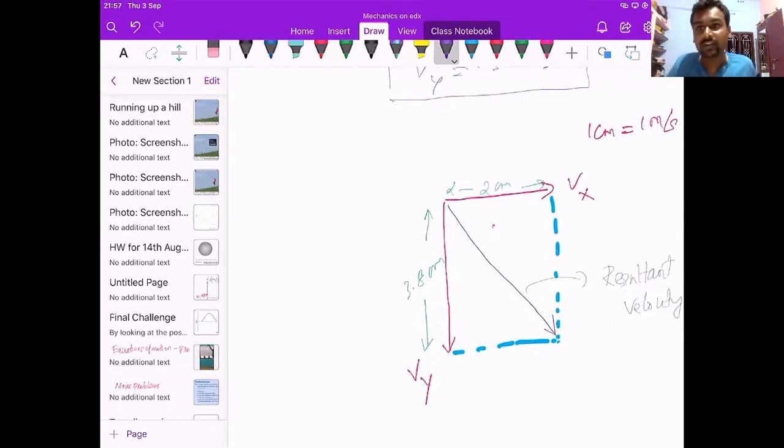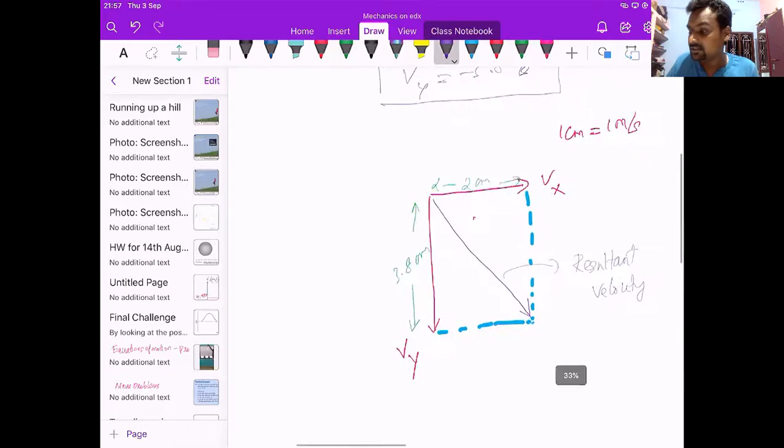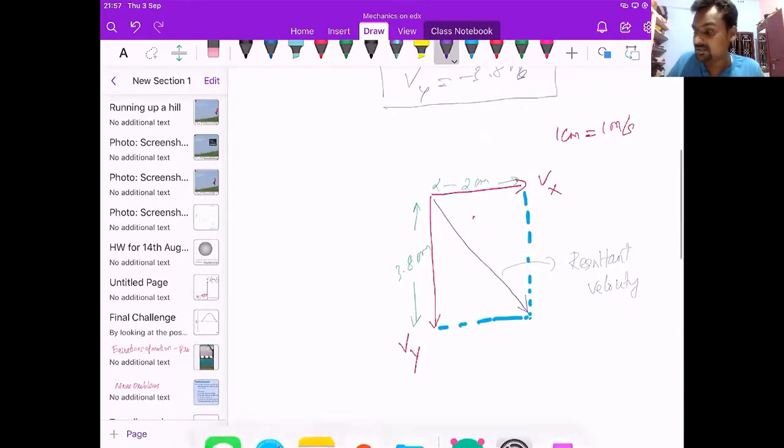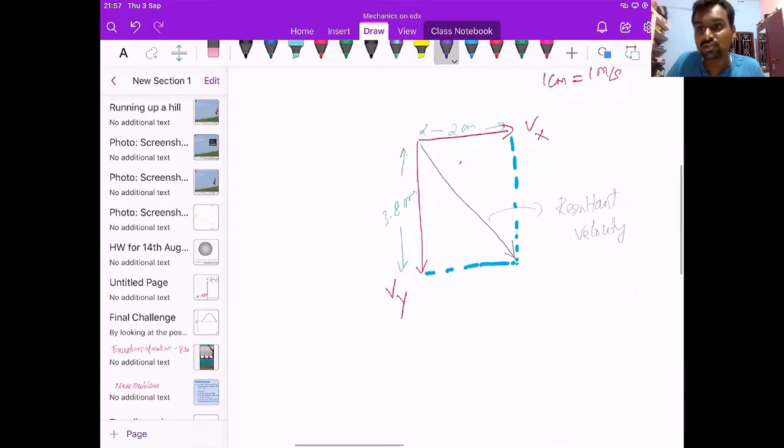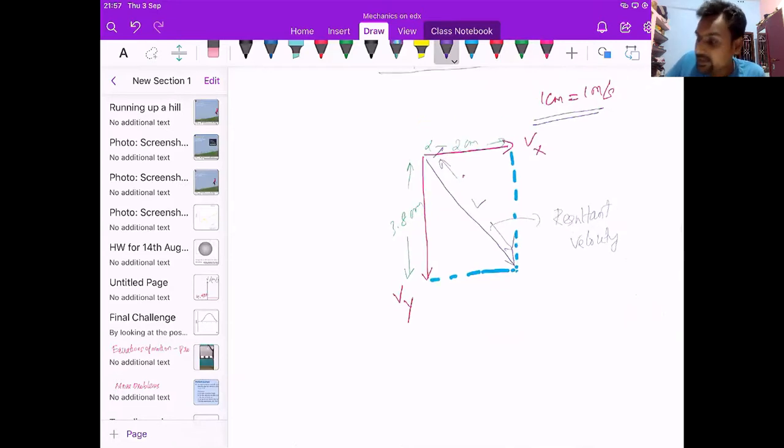Now, how do I find the magnitude of the resultant velocity? Two ways to go about it. If you draw this to scale, the length of this line will give you the magnitude of the resultant velocity after using the scaling conversion. And the angle which it makes with respect to the x-axis will give you the direction.